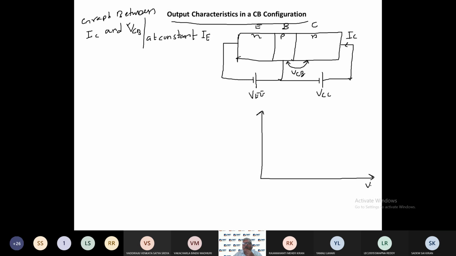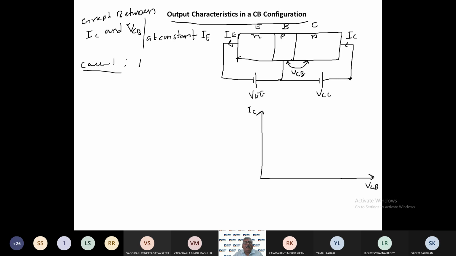This is VCB, this is IC, at constant IE. Here we have IE. Okay, so we see first case 1.